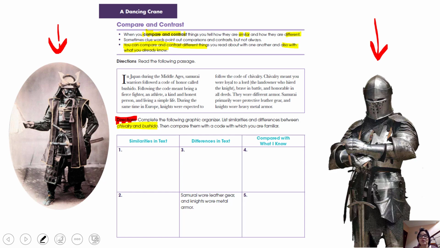So what similarities can you find in the text here, in what you read right now? What can you say about both of them? Something that they both had in common? Excellent. You can say that both of them were following or had to follow a code of honor. Excellent. Now, tell me what difference can you find between the samurai and the knights?